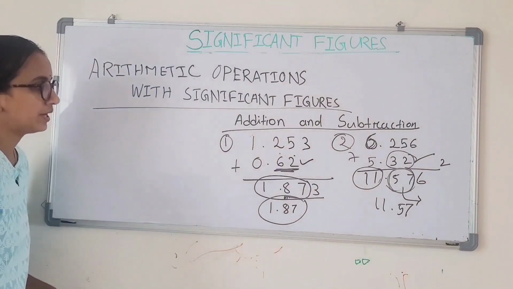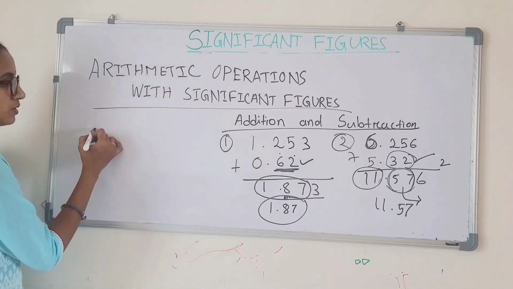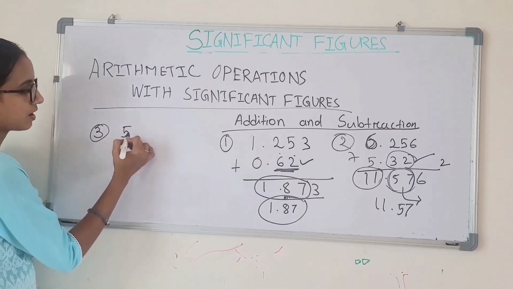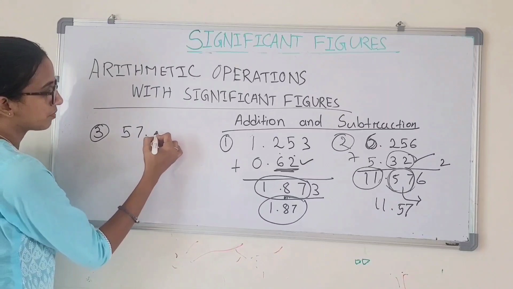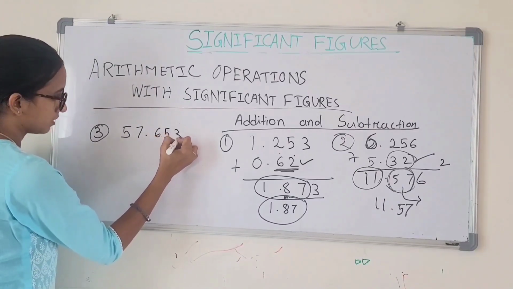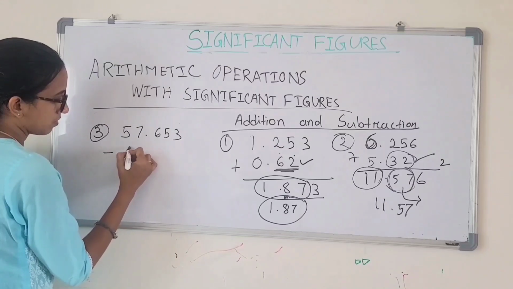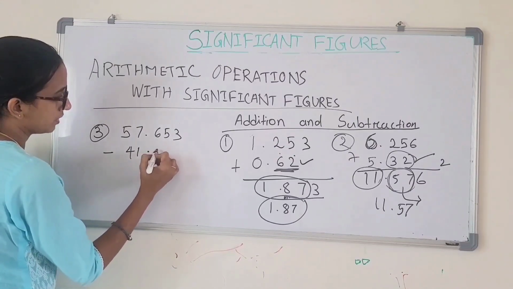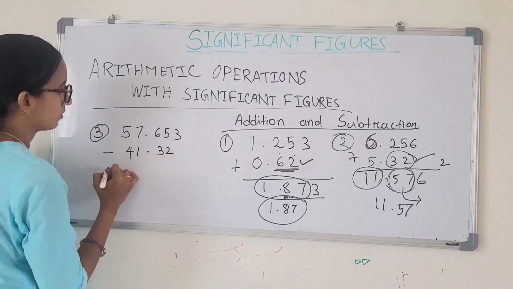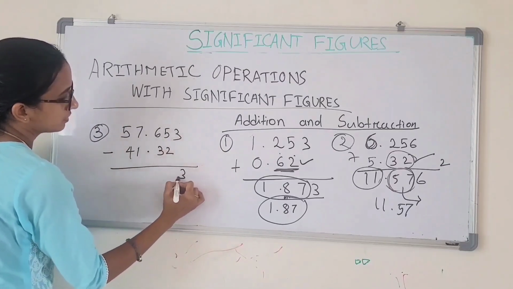Similarly, if we are doing a subtraction, suppose 57.653 minus 41.32, what will be the result?